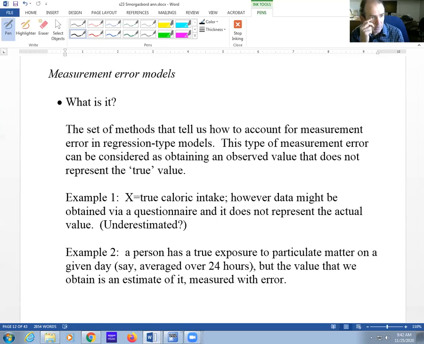So measurement error models, what are we talking about here? It's a set of methods that tell us how to account for measurement error in regression type models. And in particular, we're considering a situation where predictors in regression models have error. And I think that occurs probably more often than people realize.